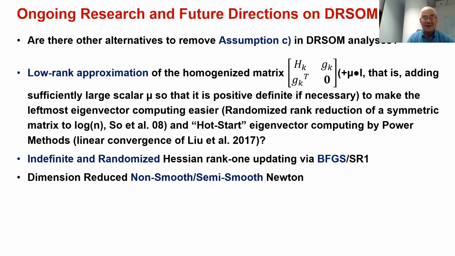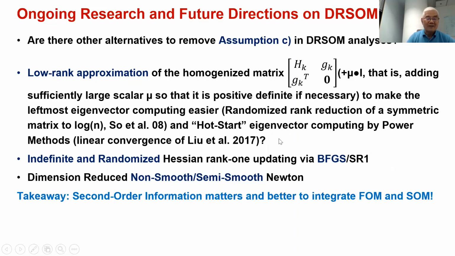But with Newton's method, each time you have to solve a different system of linear equations, with a different matrix, which needs n-cubed operations. Now the question is, can we accelerate Newton's method and reduce that cost? The major takeaways: second order information matters, and how to better integrate first order and second order methods. Thank you, I have to run very fast, but those are the two topics.